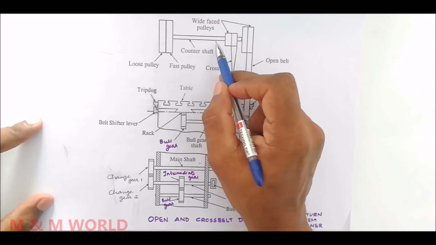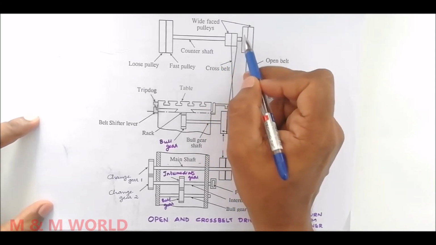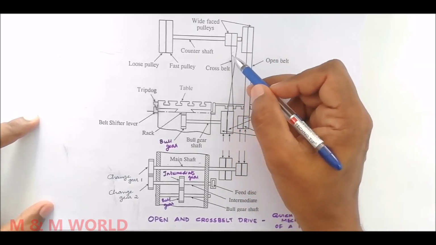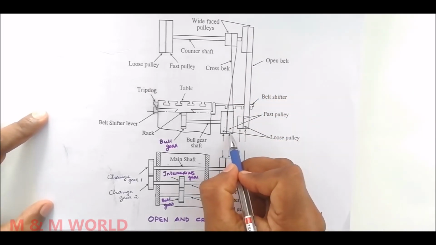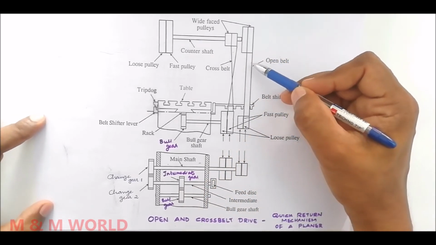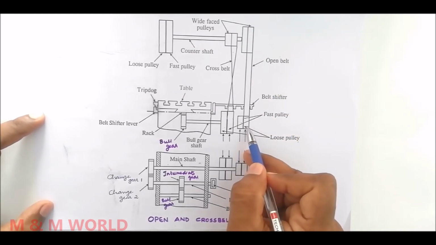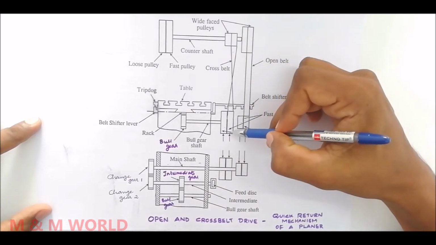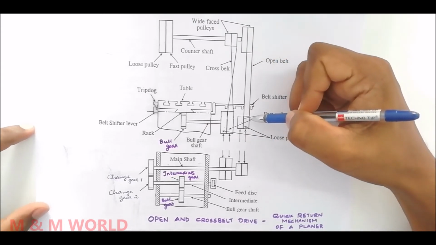To the other end of the counter shaft are keyed two pulleys, one of smaller diameter and the other of larger diameter. The smaller diameter pulley has a cross belt which is connected to a tight pulley, and the larger diameter pulley on the counter shaft is connected by an open belt to a loose pulley.